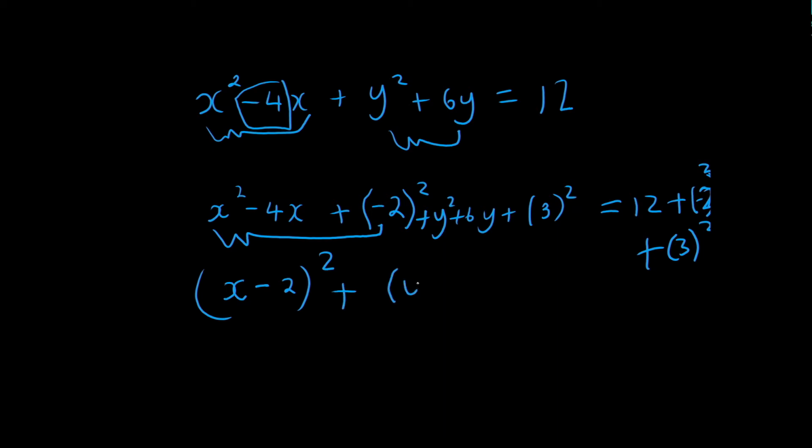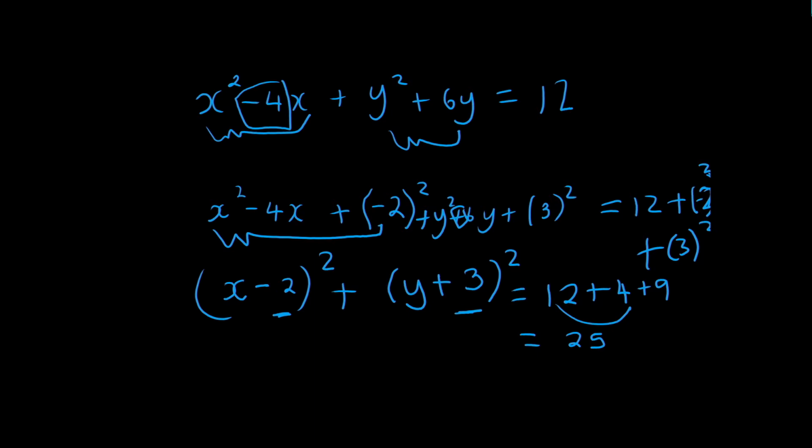Plus the square root of y squared, which is y, plus, again we take the sign of the middle term, 3, all squared, is equal to 12 plus 4 plus 9. So therefore I can see the coordinates of the center are going to be 2 and negative 3, and I can see the radius squared: 12 plus 4 is 16, plus 9 is 25.